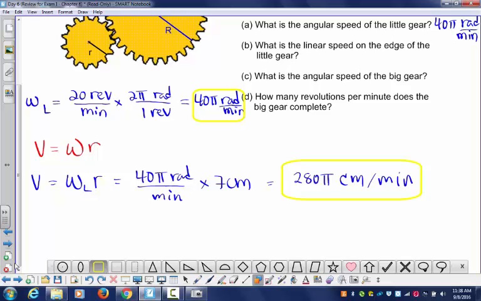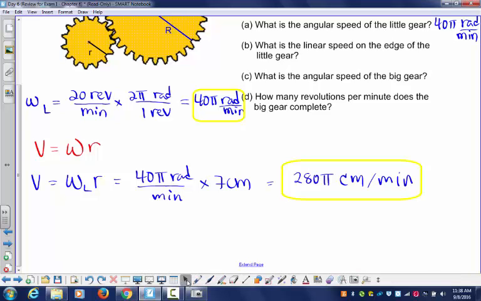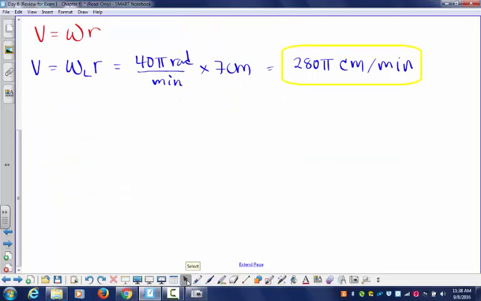All right, so that's the linear speed no matter where we are in the system. And then we've got to go back to the big gear and get the angular speed of the big gear. Well, we use the same formula that we just used. V equals omega r, but we want to solve for omega, so we have to take v and divide it by r.